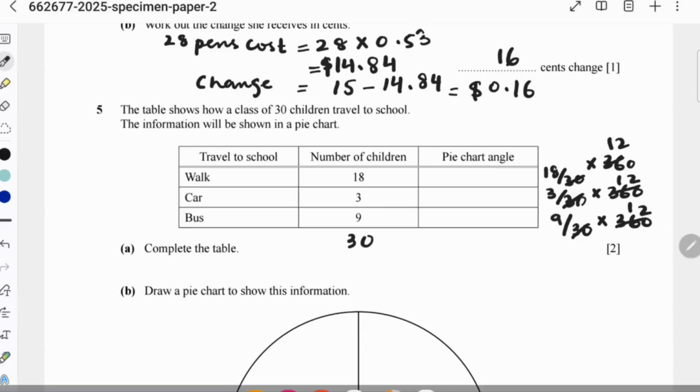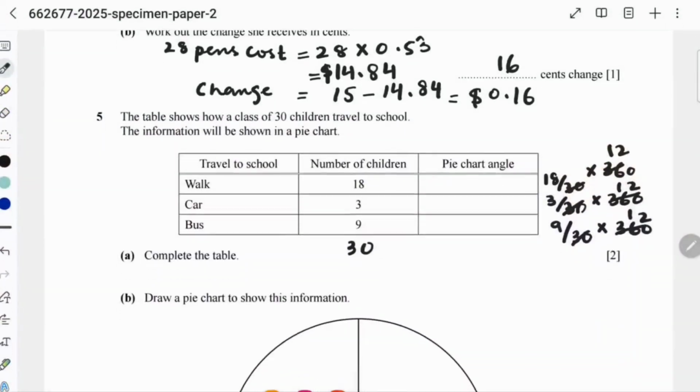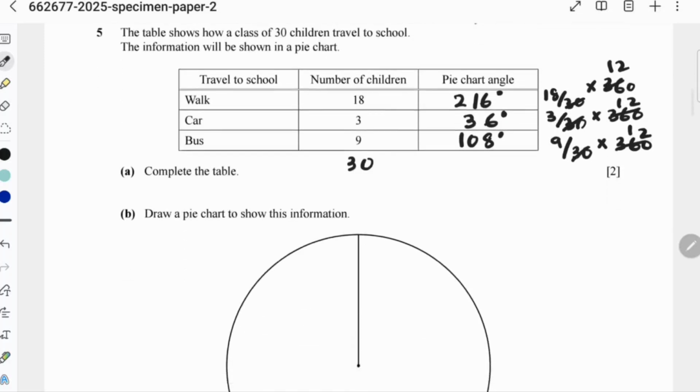So 18 times 12 is 216 degrees, which is the reflex angle, more than 180 degrees. 3 times 12 is 36, and after that 9 times 12 is 108. So these are the angles we have found.